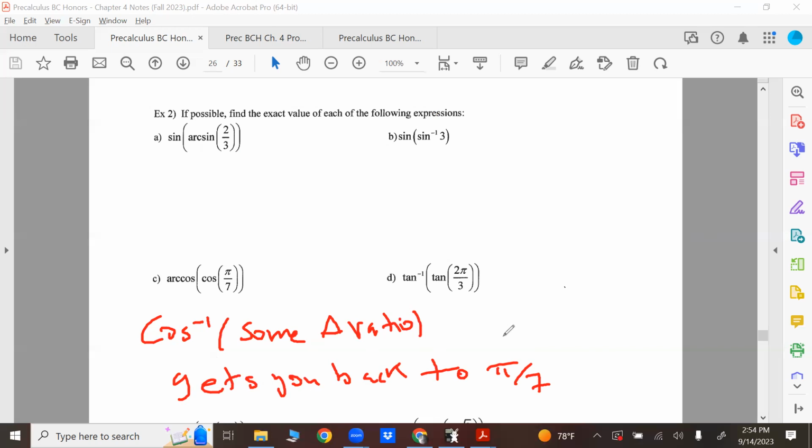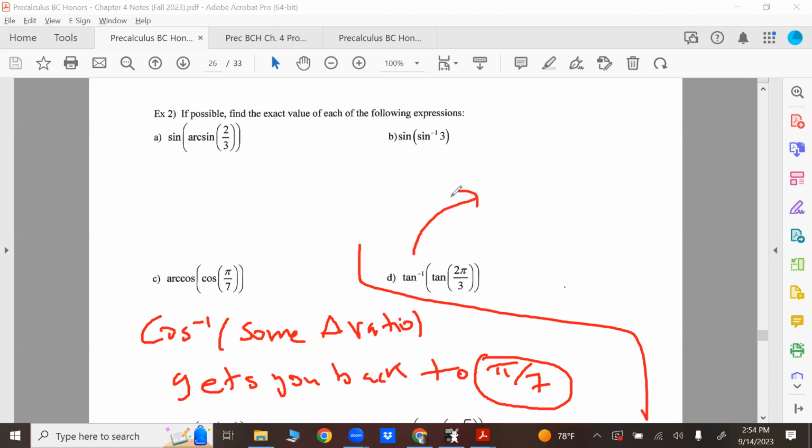Now, this next one's a little tricky, though. Inverse tan. And what's tangent of 2 pi over 3? We should know this. This is going to be negative root 3, I think.